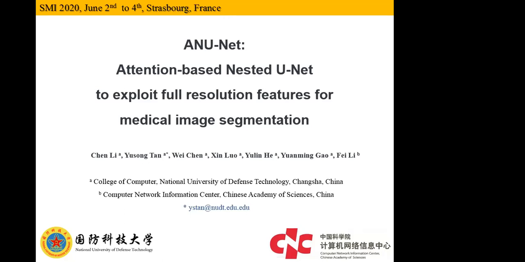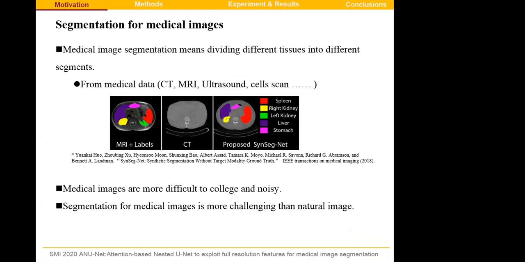Okay, thanks to the chair. Hello everyone, I'm Chen Li. I will present our work, attention-based nested UNet to explore full resolution features for medical image segmentation. Before sharing our work, we want to introduce medical image segmentation. Generally, segmentation means dividing into separate parts or segments.